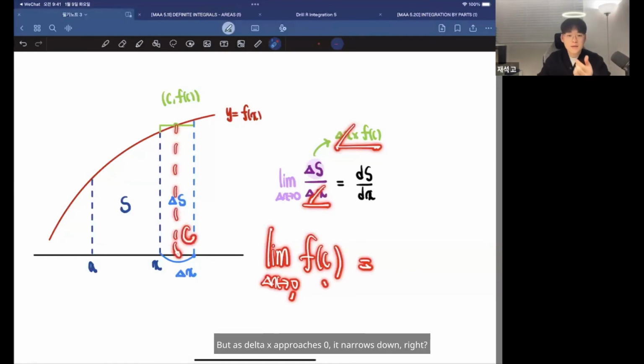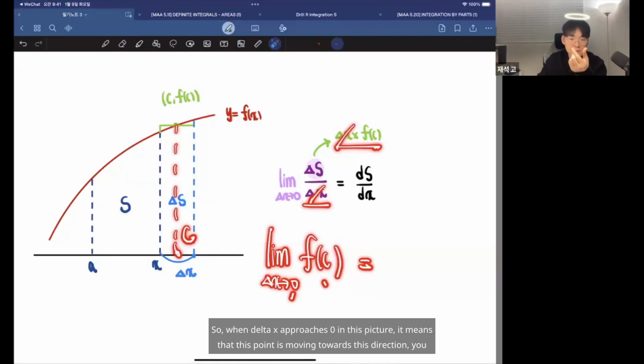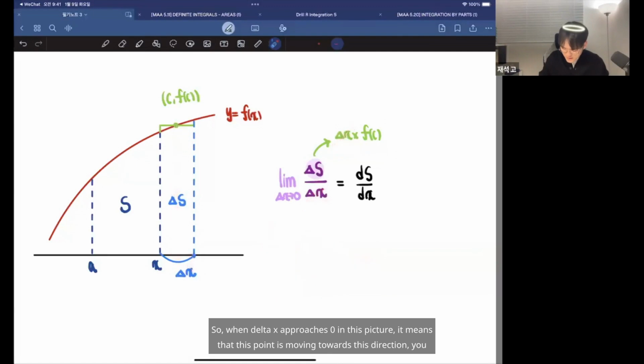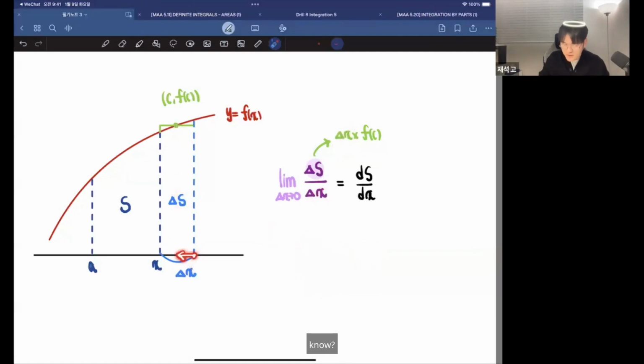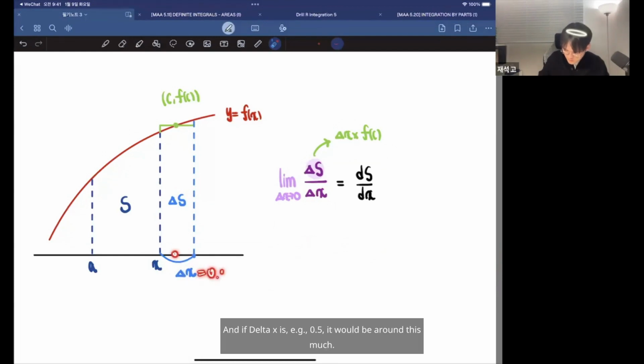But as delta x approaches 0, it narrows down. So when delta x approaches 0 in this picture, this point is moving in this direction. If delta x is, for example, 1, then the point is here. And if delta x is, for example, 0.5, it would be around this much. When delta x approaches 0, this point is getting closer.